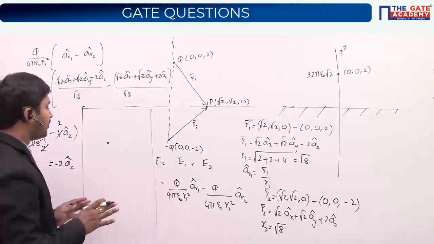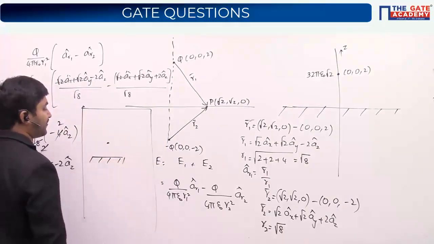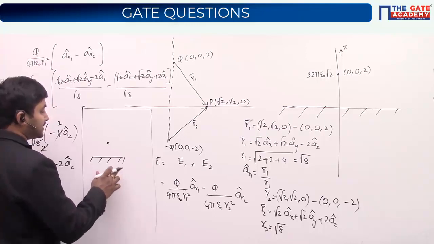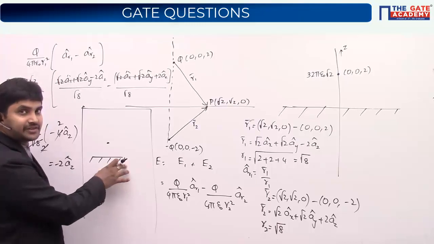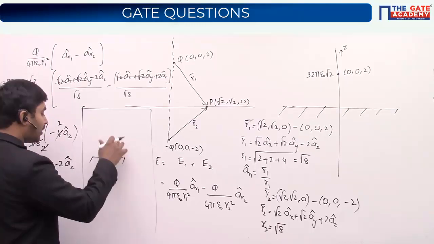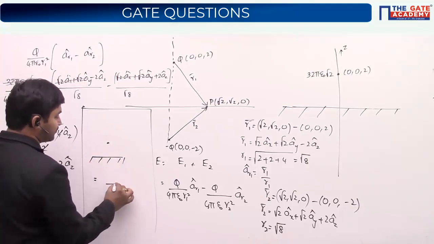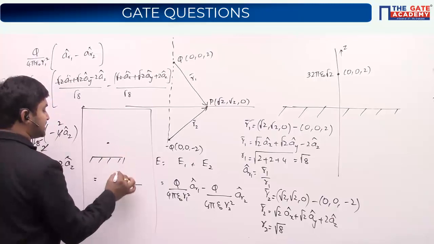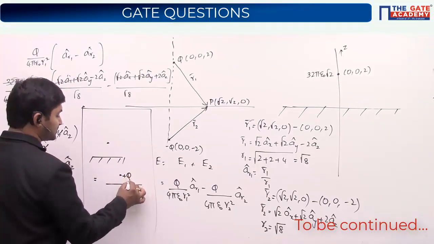But if there is a metallic plane nearby, then of course there will be induced charge present inside this metal. Correct or not? So to solve problems of this sort, we replace the metallic plane with the equipotential surface, the charge itself and its image. So if this is plus Q, this has to be minus Q.